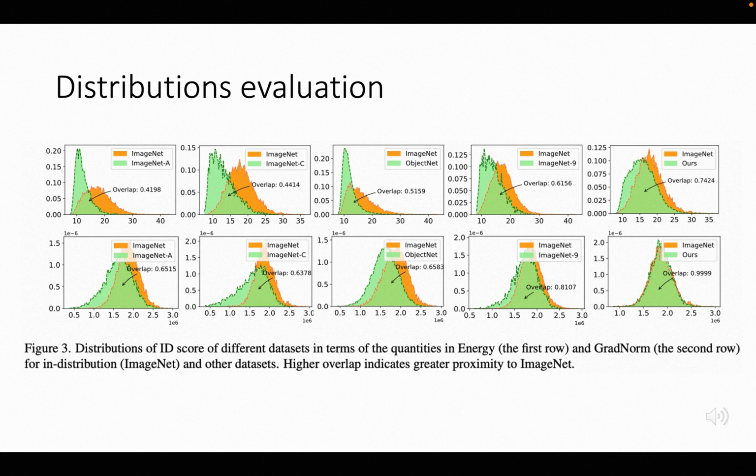Thus, the data distribution should not differ much from the original ImageNet. As shown above, compared to other datasets, our method barely changes the data distribution under both energy, the first row, and grad norm, the second row, evaluation methods.